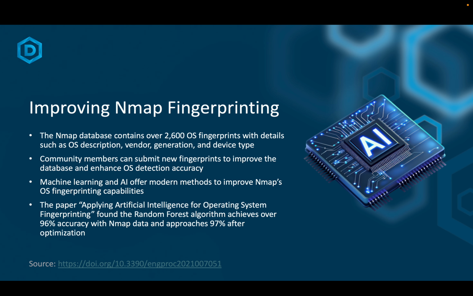In a paper that I read for this research project, with the link on the bottom of the slide here, titled Applying Artificial Intelligence to Operating System Fingerprinting, it was found that the random forest algorithm achieves over 96% accuracy with Nmap data and approaches 97% after optimizing the algorithm.